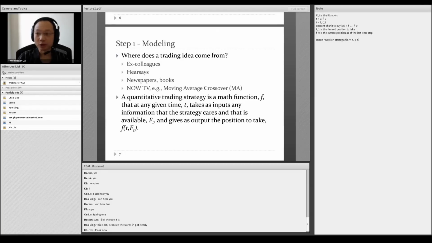So this mean reversion strategy will consider the current time, the price, and the current position, and then it will output the next position. So here the filtration will include two things: the price and the current position. We're going to see this strategy not in this lecture, but in the next few lectures, mean-reverting strategies that take this particular form.